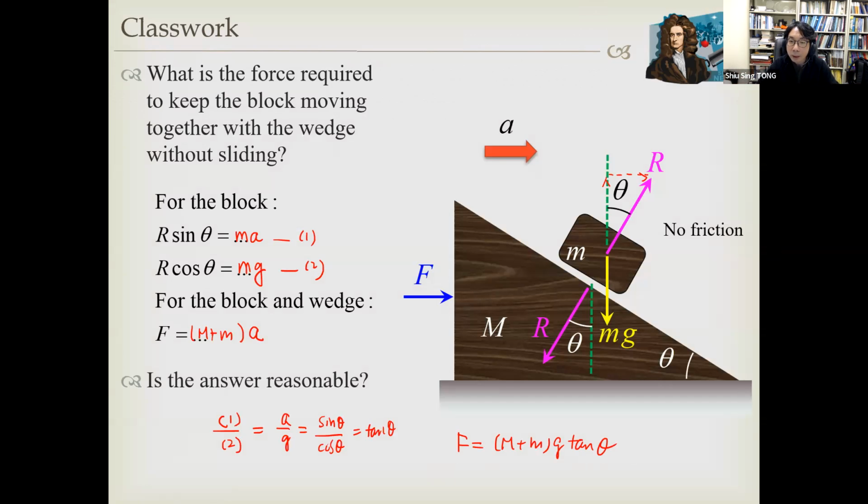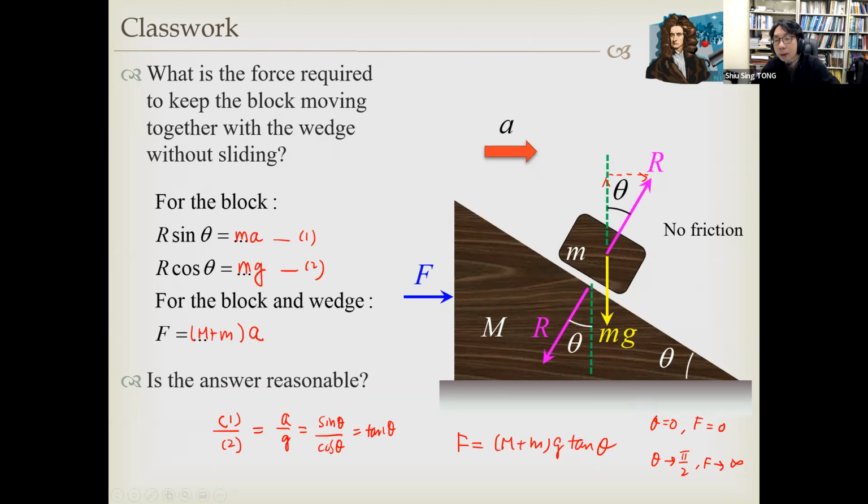But how about if theta is 90 degrees? If theta is 0, then F is 0. But if theta tends to 90 degrees, or pi over 2 in radians, tangent theta tends to infinity, and the force will tend to infinity. Is this reasonable? Normally, we will not encounter infinity in our solution. Yes, this is reasonable.